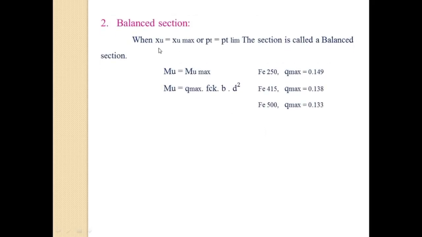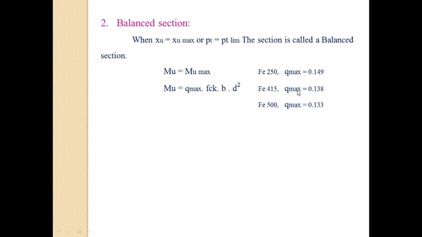Next, suppose a balanced section, that is when XU is equal to XU max or PT is equal to PT limit, that is, the actual percentage of steel is equal to PT limit. The section we call a balanced section. We can calculate Mu is equal to Q max into FCK into BD square. This value of Q max for different grades of steel: for Fe250, Q max is equal to 0.149.